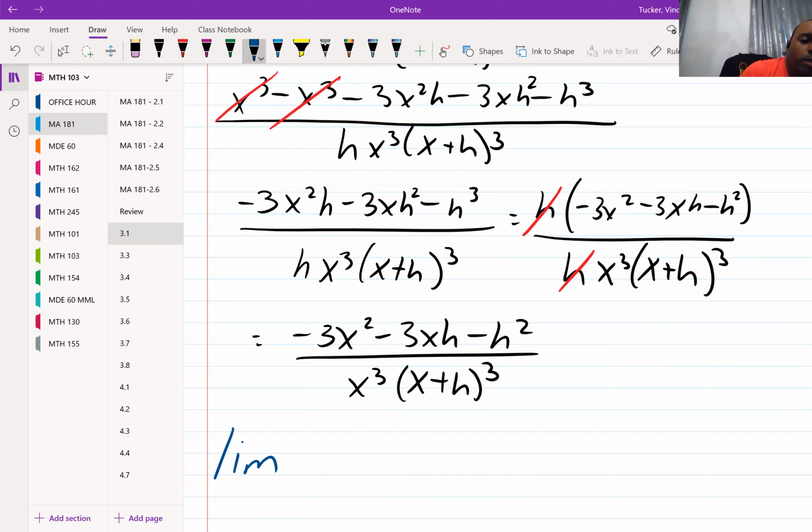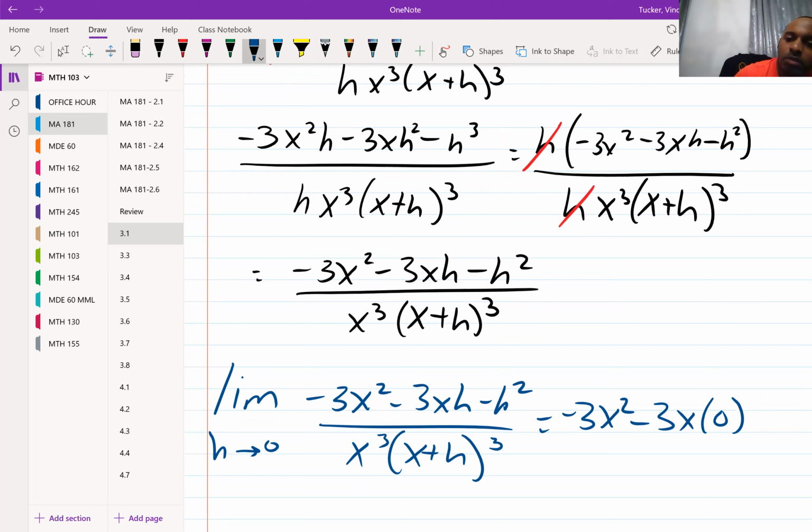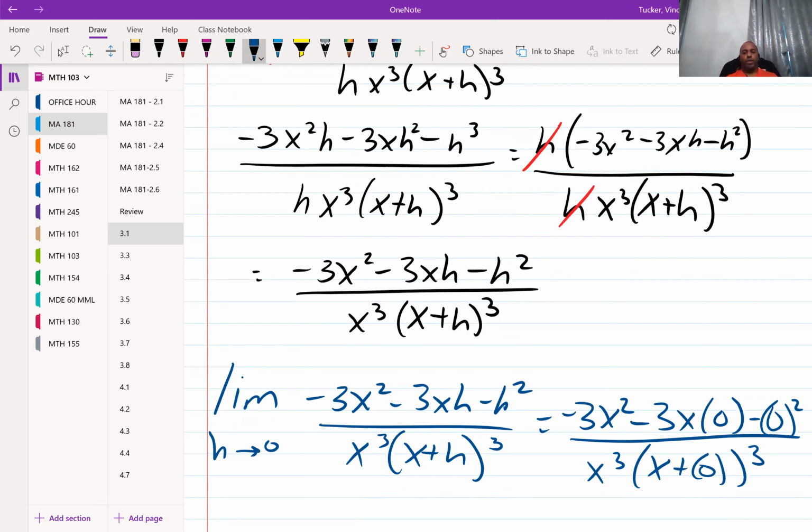All right, so now we need the limit as h goes to 0. So we're putting in 0 in each spot that we see h.